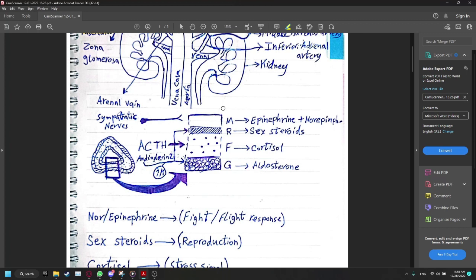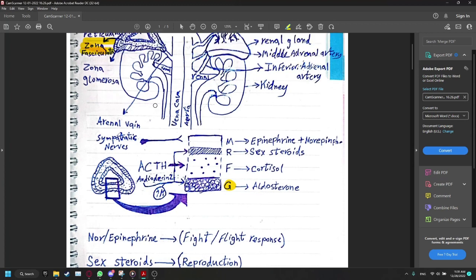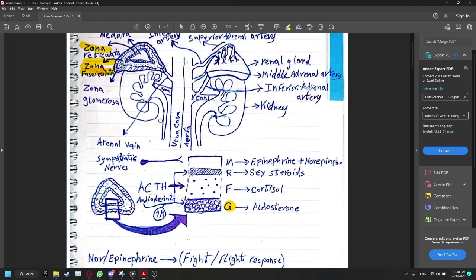Coming back to this, so basically, glomerulosa. If you can't memorize it, an easy way to memorize it: the word glomerulosa comes from glomerulus. If you remember the word glomerulus from the kidney, from the nephron, part of the nephron is called the glomerulus.